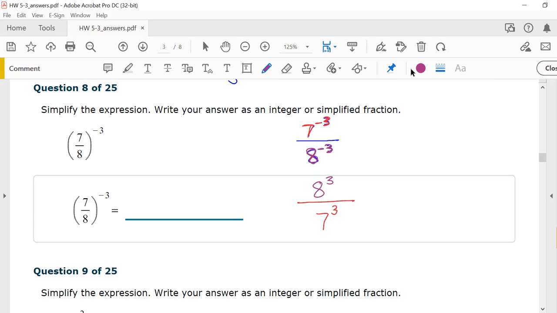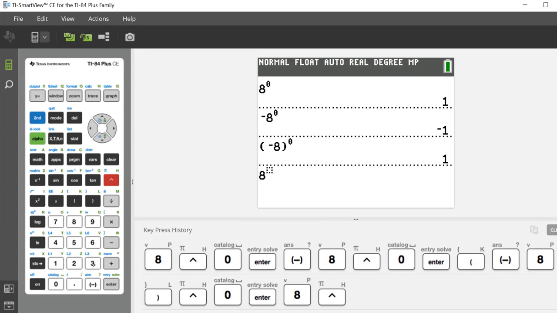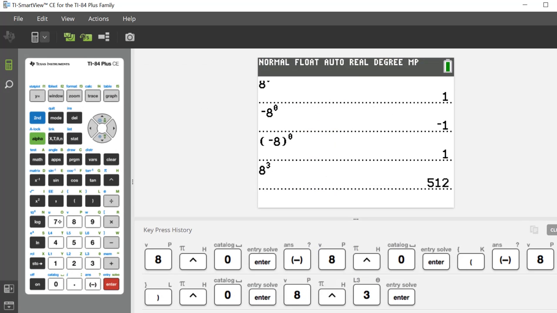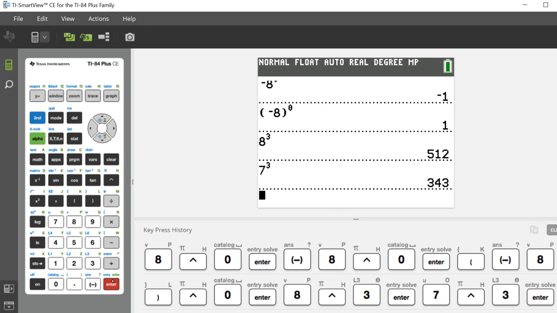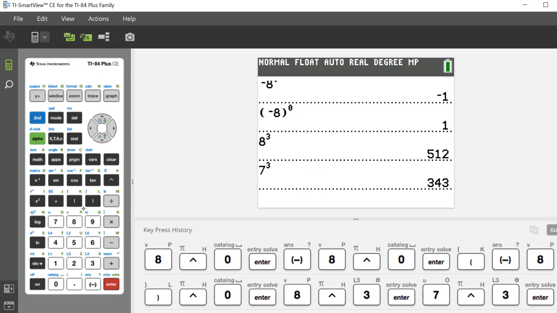Now, what is 8 cubed? Let's see. 8 cubed is 512. And 7 cubed is 343. Now, your calculator can do that all at once.